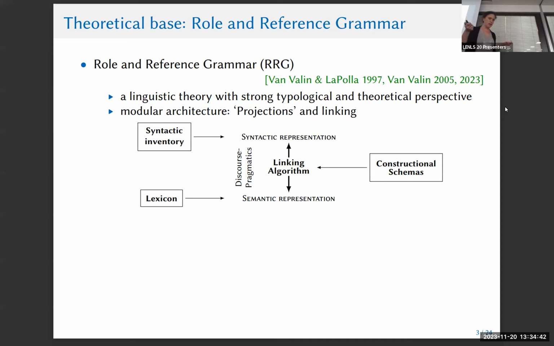What I like about it, and think is cool for the phenomena I'm dealing with, is the modular architecture. There's no primacy of syntax. You don't read things off the syntactic structure, but there are different kinds of projections: a syntactic representation, a semantic representation, an information structure representation, and well-defined linking between these projections. Some of you may think of LFG, and there is some relation, but it's different.